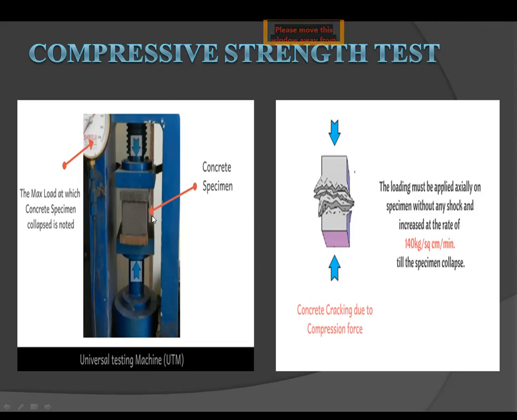But from a technical point of view, compressive strength of concrete is defined as the characteristic strength of 150 mm size concrete cubes at 28 days.